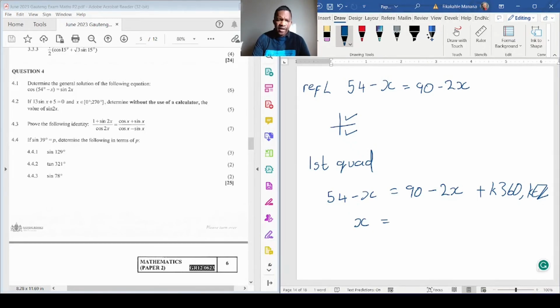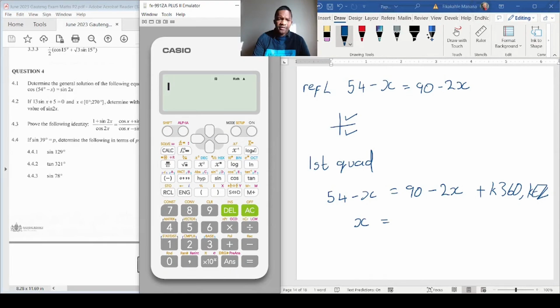Let's get a calculator. 90 minus 54. I keep saying 45. It's 36. So this side we have 36 plus 360k.